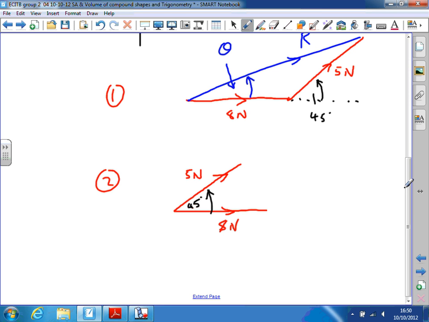So I would draw a line parallel to the 8 Newton force, the same length, and a line parallel to the 5 Newton force, the same length. So that's parallel to that, and that's parallel to that, to form a parallelogram. And then the resultant would be this, and you get exactly the same answer. So again, there's the resultant, and here is the angle theta. So that's the second way to do it. And again, you could do that by drawing it to scale. Draw a line 8 centimeters long, 5 centimeters, and so on.